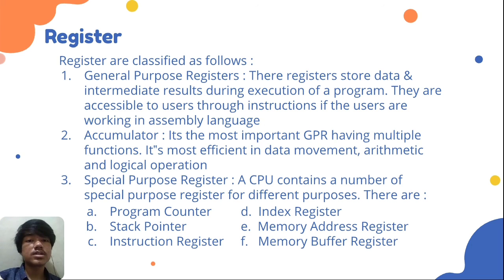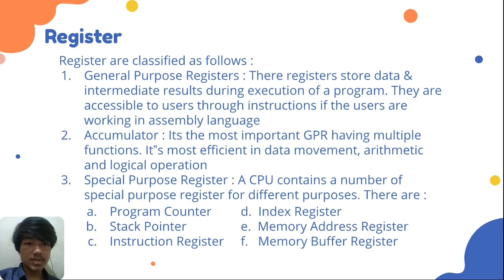They are accessible to users through instructions if the users are working in assembly language. Second, accumulator. It is the most important GPR, having multiple functions. It is most efficient in data movement, arithmetic, and logical operations.